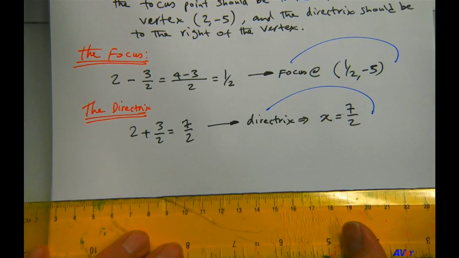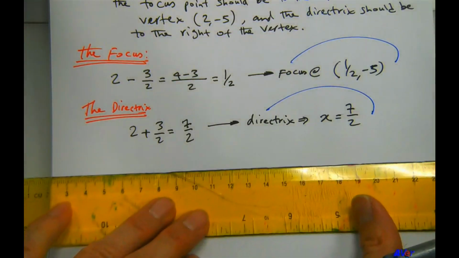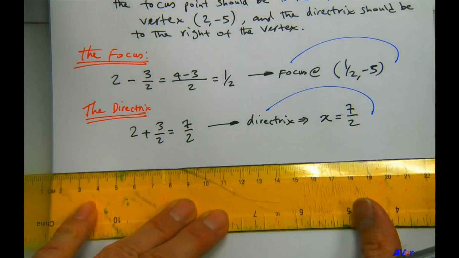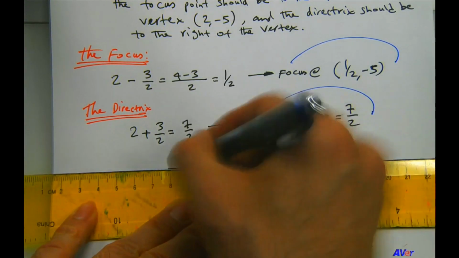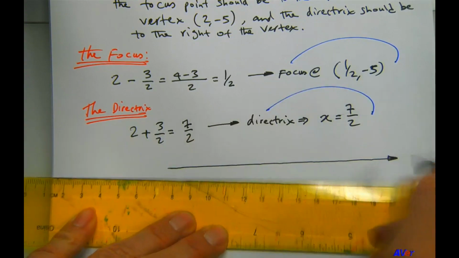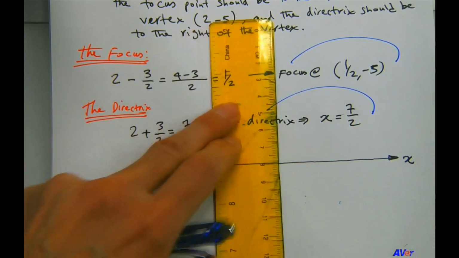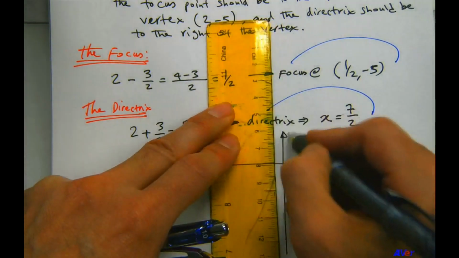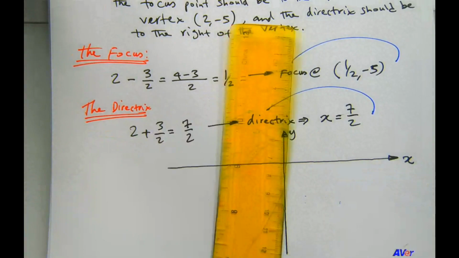Once again, most of this graph is below the x-axis, so I'm going to draw my axis to give me that space that I need at the bottom of this page. So we have that, and this is y.